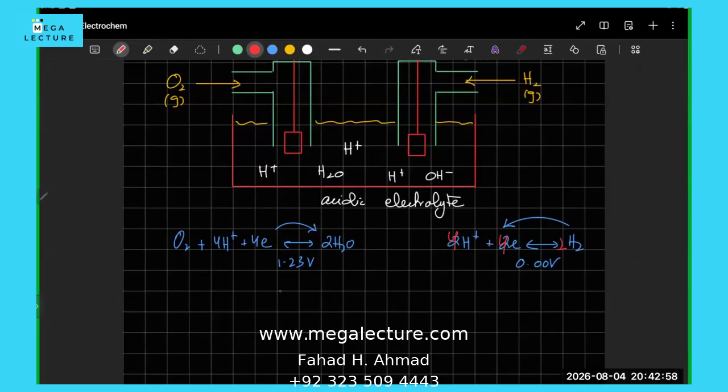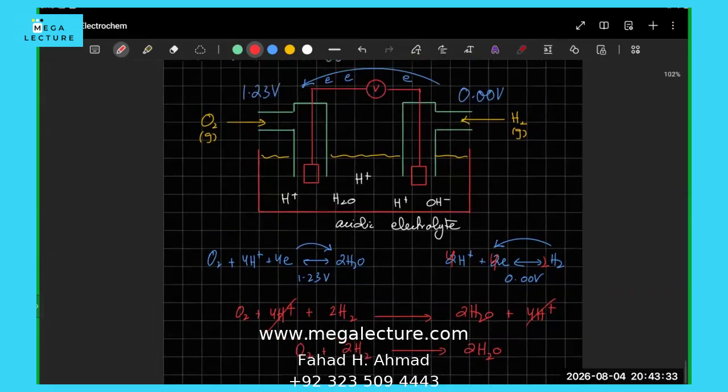The reactants are O2 plus 4H+ and 2H2, and the product in both cases is 2H2O. The electrons and the 4H+ cancel out, so it's just O2 plus 2H2, and you will get 2H2O. Is this clear? Yes.